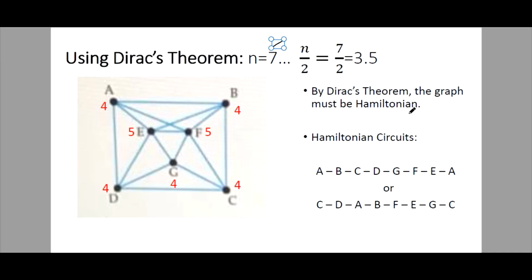Thus, the graph must be Hamiltonian. So one of the Hamiltonian circuits is A to B to C to D, G, F, E, A. And again, you may pause the video and try the other Hamiltonian circuit.